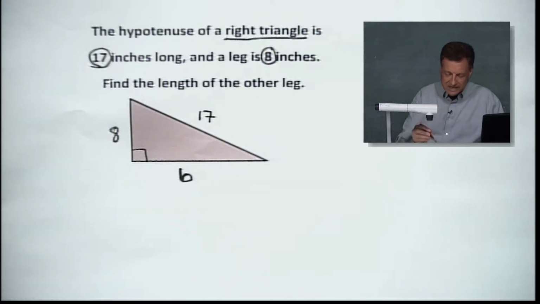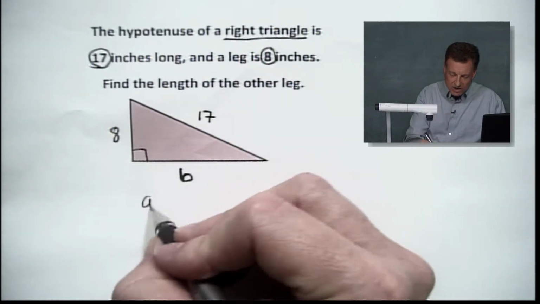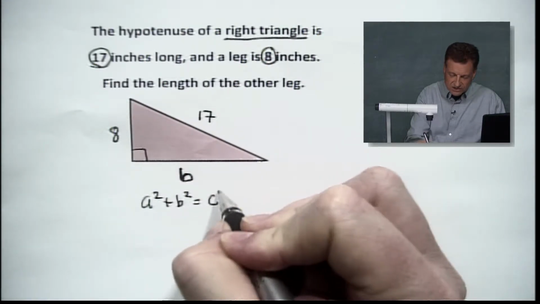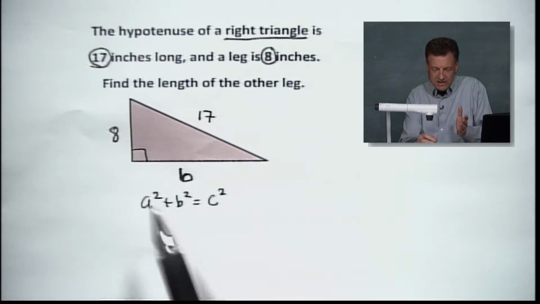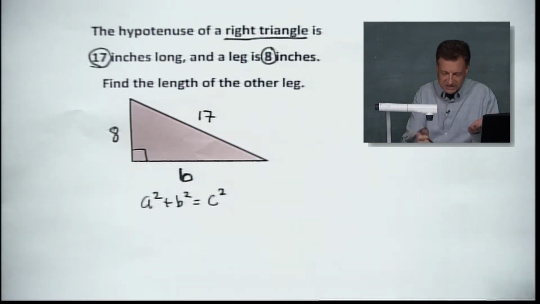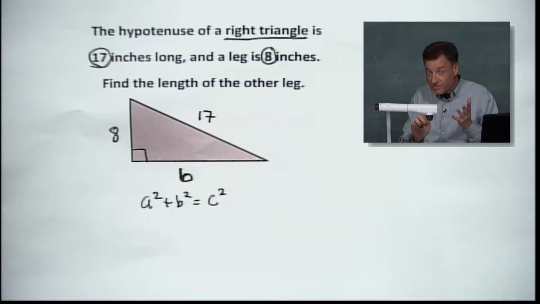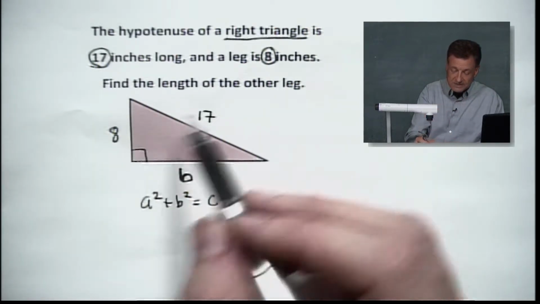So we got that. Let's go with our a squared plus b squared equals c squared. And a and b can be either of those legs. I just chose to use b since it looks like it's in the middle and it's no big deal there.